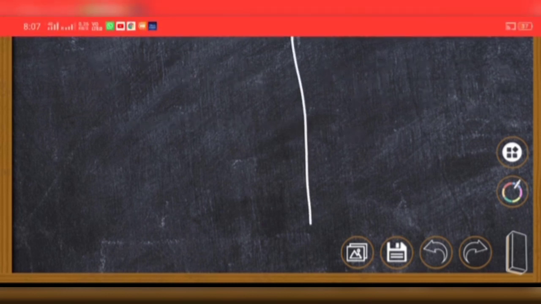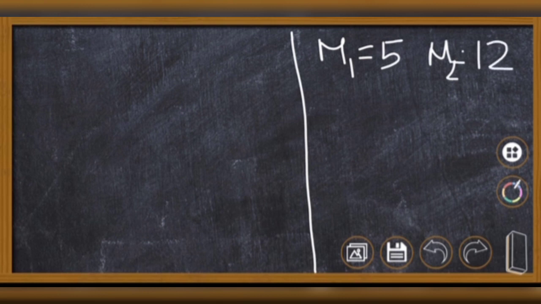Now we will write what all is given in the question. Number of men is given. M1 is equal to 5, and M2 is also given, it is 12. Now D1 is given, that is 6, and D2 we have to find out.